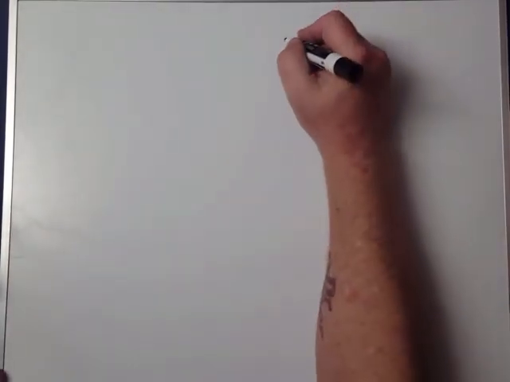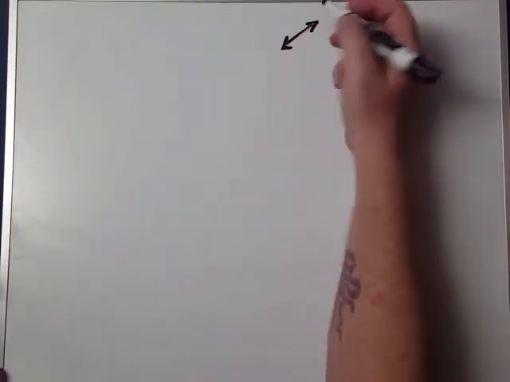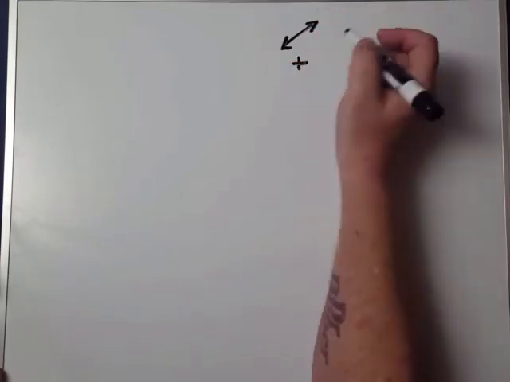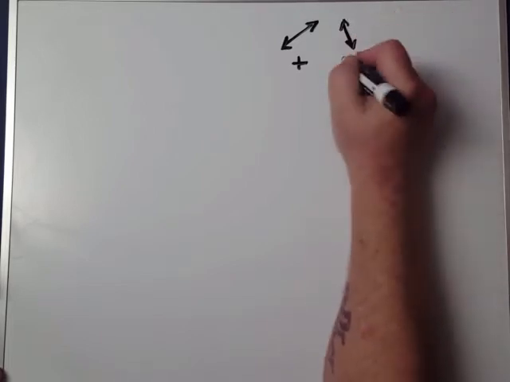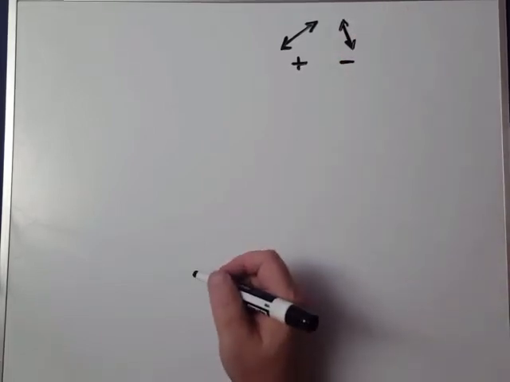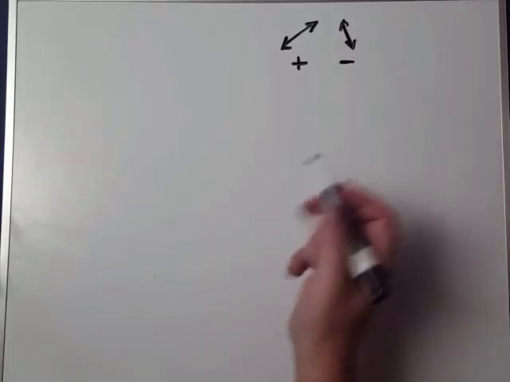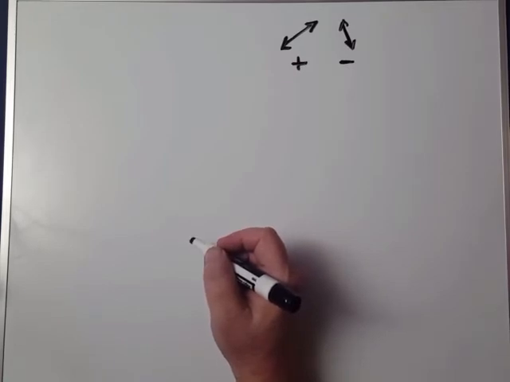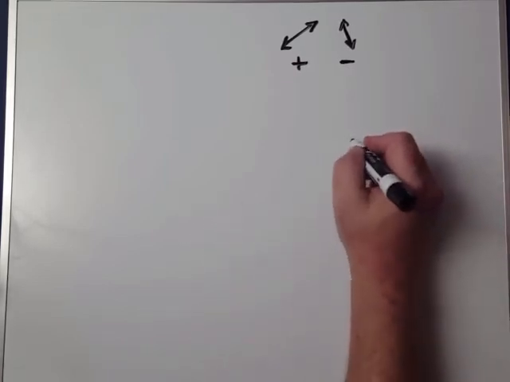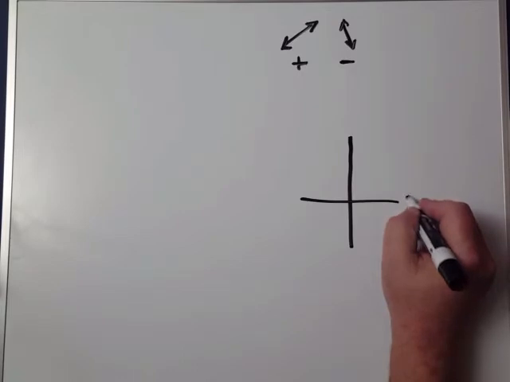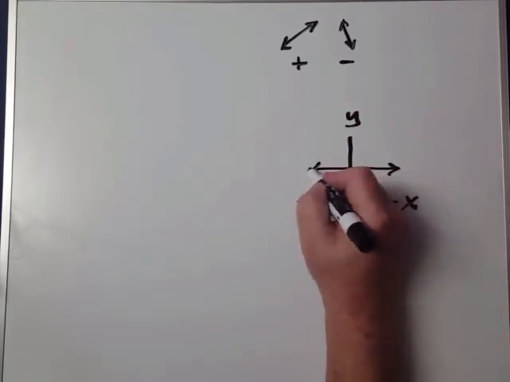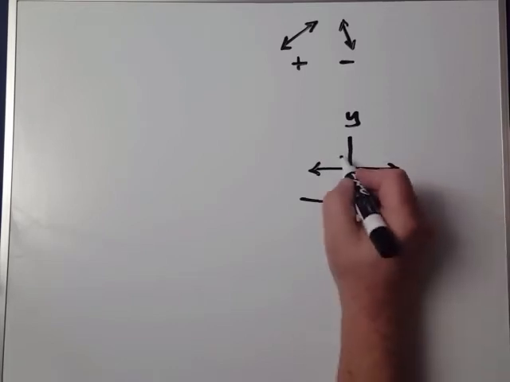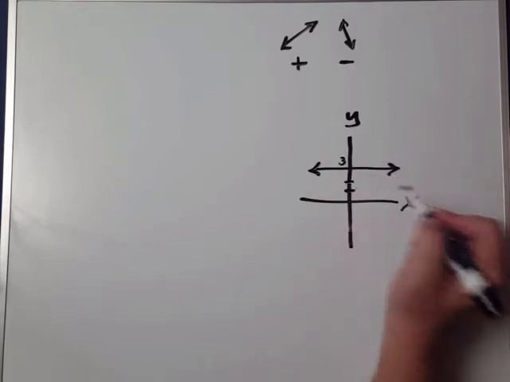Okay, so far we've noticed that one of our lines was rising from left to right, and it had a positive slope. We saw one of our lines was falling from left to right, and it had a negative slope. I've got to wonder, what happens if we're talking about a horizontal line? Say the line that passes through 3 on the y-axis.